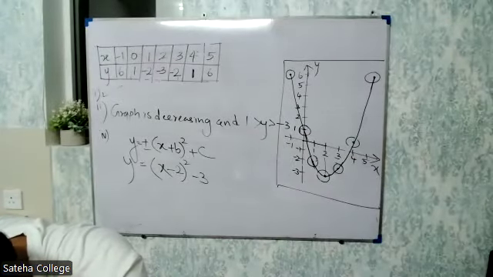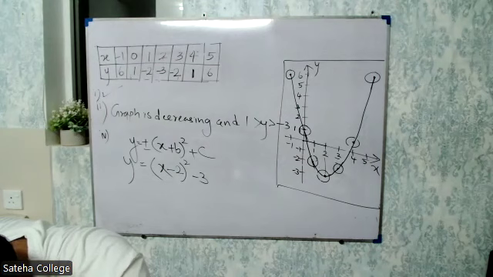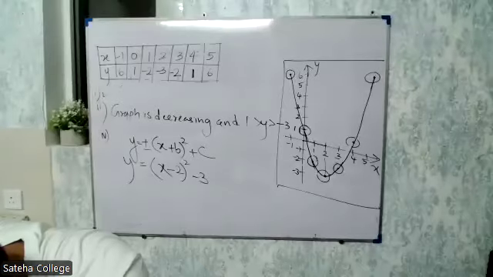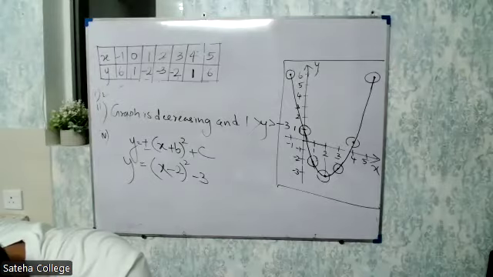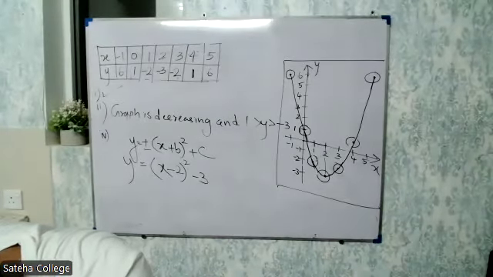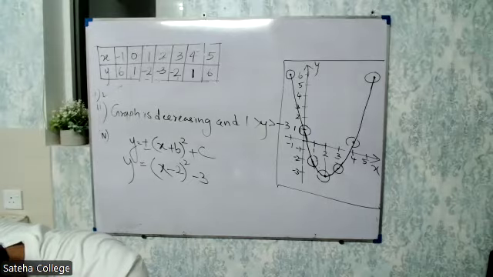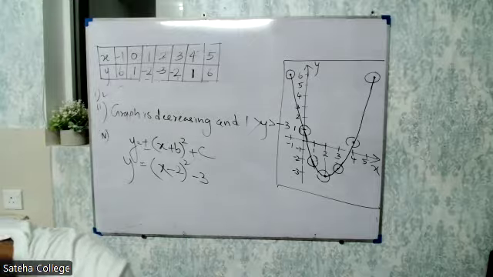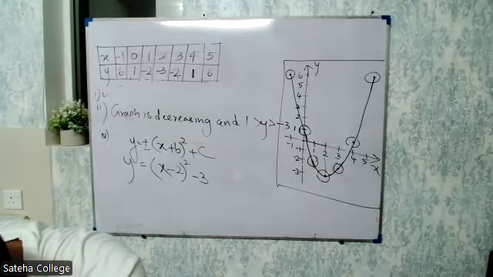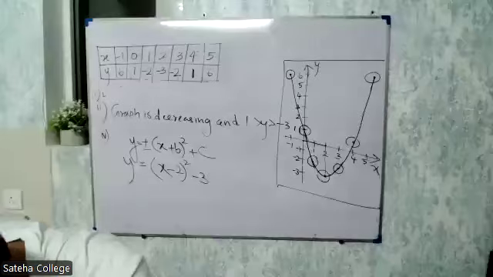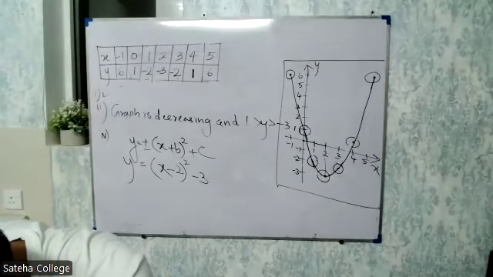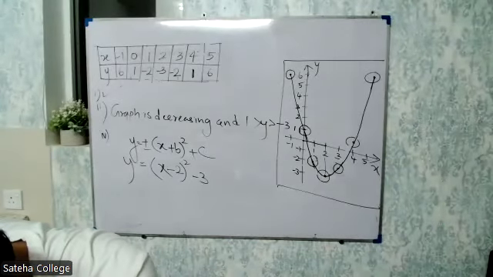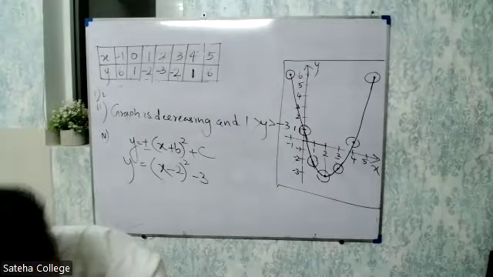What is the interval in which t should lie for this straight line and the graph of the quadratic function to intersect at 2 points with positive x coordinates? Right? We'll read again. y is equal to t is a straight line parallel to the x-axis. What is the interval in which t should lie for this straight line and the graph of the quadratic function to intersect at 2 points with positive x coordinates?